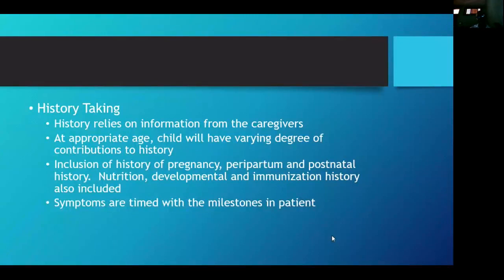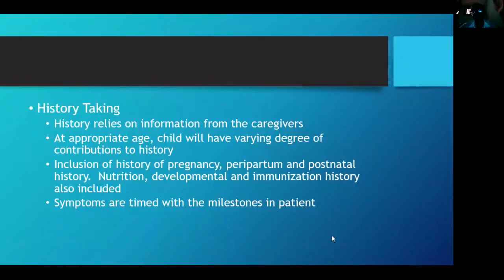We also take note of the nutrition, development, and the immunization history as well. And then we also want to relate the symptoms that these children present with, such as a child that has vomiting, a neonate developing vomiting about the time of birth. We would think of something congenital as the cause of the vomiting.